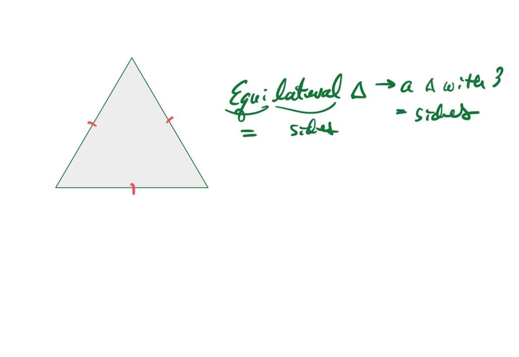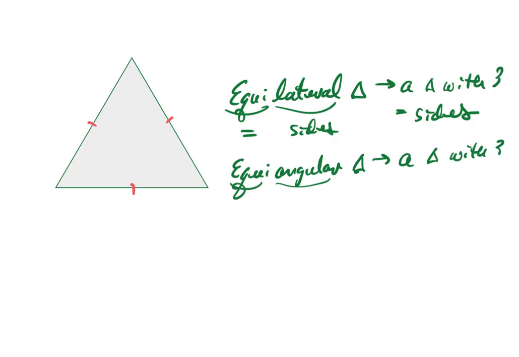Now, the other term that's important here is one that we talked about a couple weeks ago. It's going to be for a triangle that's equiangular. Again, the prefix equa means equal, but this time the base word is angular, which of course means angles. So this, of course, is a triangle with 3 equal angles.